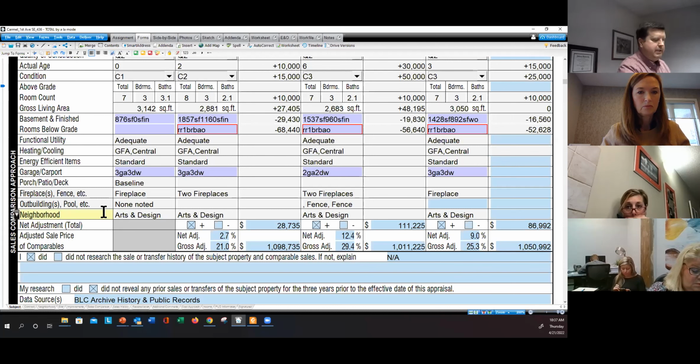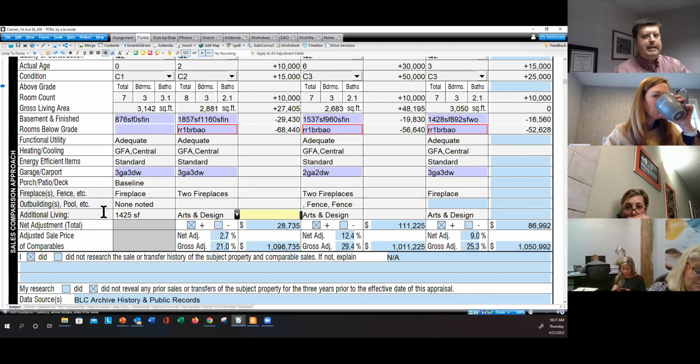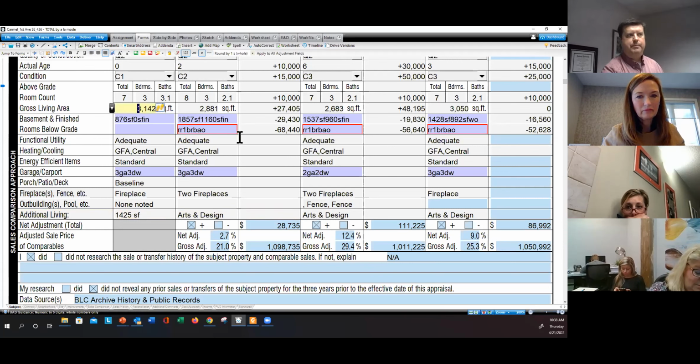But what I ended up doing here, I called it additional living, and I forget exactly how much it was, but I'll just call it 1,400 square feet. Now, I had an adjustment up here, so you can see I've made adjustments for square footage.